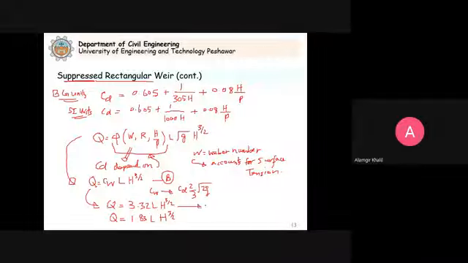The first equation is in British gravitational units, and the second is in SI units. You have all studied this in your fluid mechanics 1 course. I am just briefly refreshing your memory before I come back to discuss the broad crested weir. Clear? So let us take a break, then we will continue after the break.